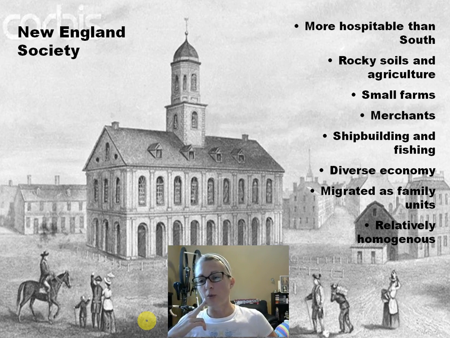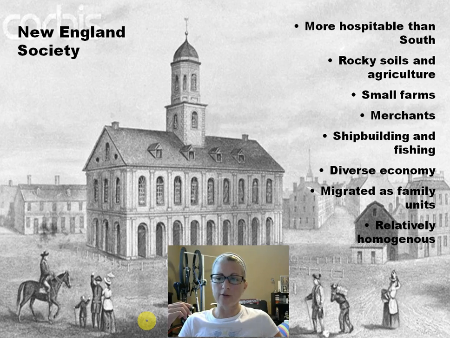Their economy is much more diverse as compared to the South. In the South, we're looking largely at large-scale plantation agriculture based upon slave labor, whereas in New England we're looking at several things: small farms, peddlers, merchants, artisans, all kinds of different types of people making a living in the New England area.